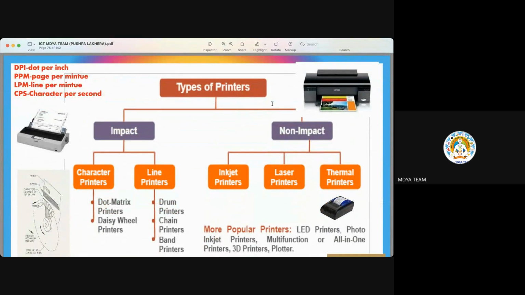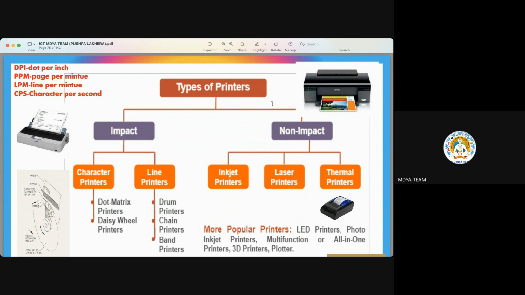Now we'll see some of the printers. Sometimes they ask about printers in your examination, how many types, what type of ink they use, what type of beam they use. So basically, there are two types of printers, impact and non-impact.